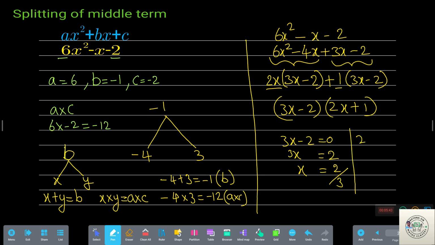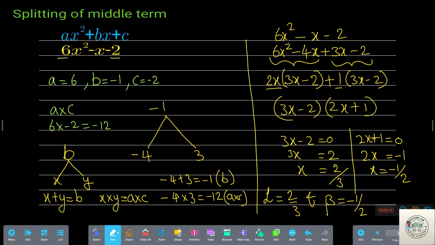And if you take 2x plus 1 equal to 0, 2x is equal to minus 1, if you take it to the right hand side, x is equal to minus 1 by 2. So we take the zeros as alpha equal to 2 by 3, and second zero beta is equal to minus 1 by 2.